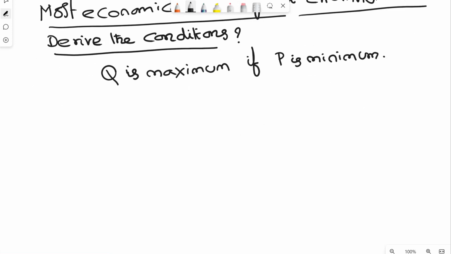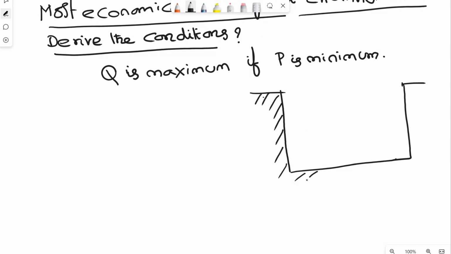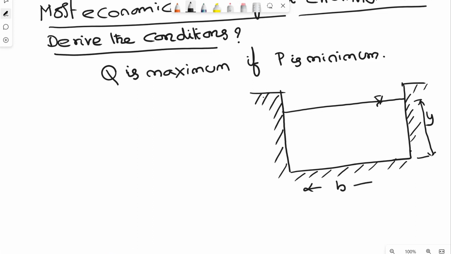So now, for example, I will take a rectangular channel section. Suppose this is the rectangular channel section. This is the depth of flow, and this base width is B as usual.